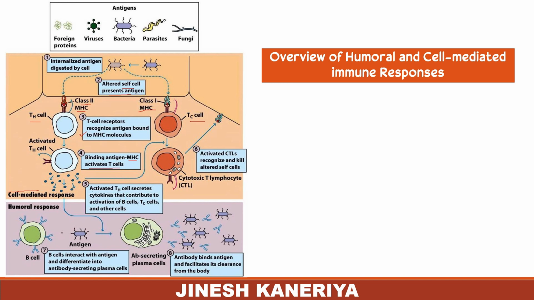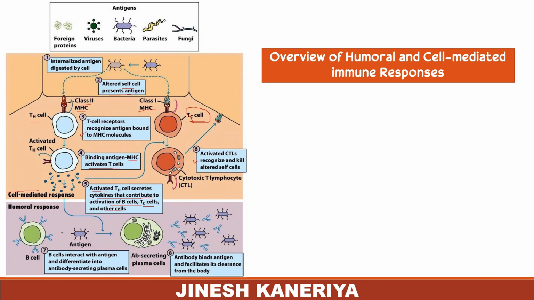Activated T helper cells secrete cytokines that contribute to the activation of the B cell, T cell and other phagocytic or macrophage cells. The T cytotoxic cell is directly responsible for binding with the antigen, and it activates the cytotoxic T lymphocyte, which recognizes and kills the altered self cells.